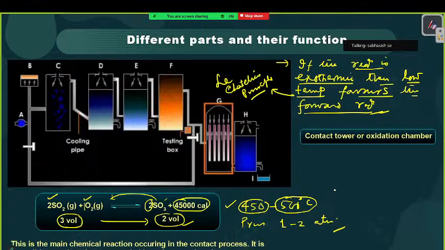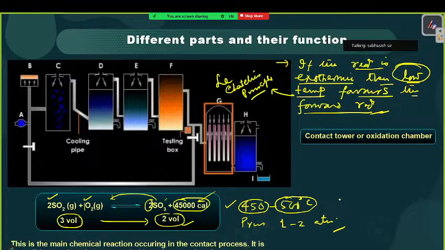Can we perform this reaction around 50 or 100 degrees Celsius or less? This reaction is highly exothermic, with 45,000 calories of energy liberated. So low temperature favors the forward reaction, but after that, why should we use 450 to 500 degrees Celsius?